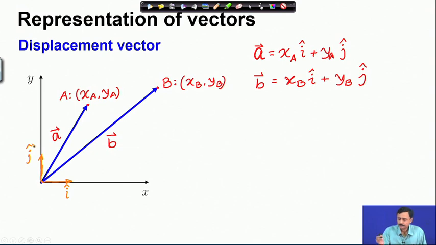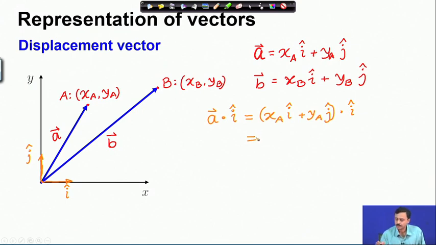So, you can find out the coordinates of the point by taking projections. For example, if you want to find out the coordinates of point A, then you need the position vector, and if you dot it with i cap, that will give us this.